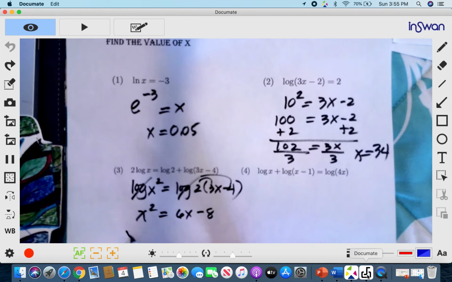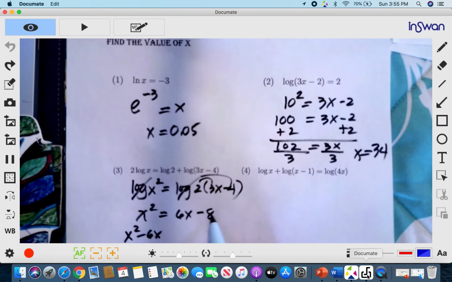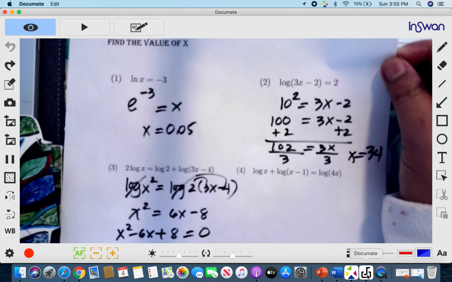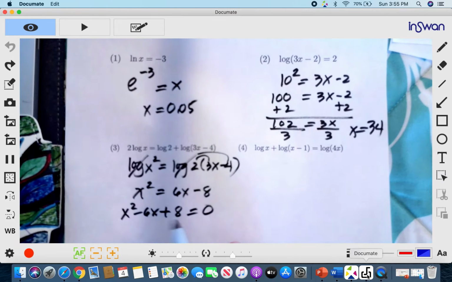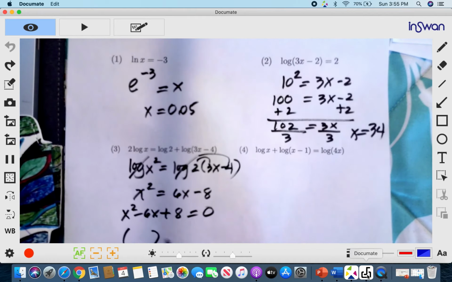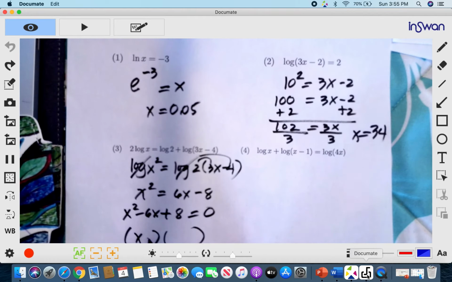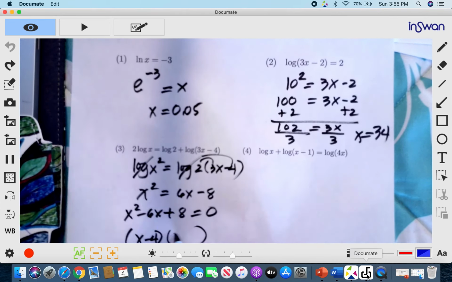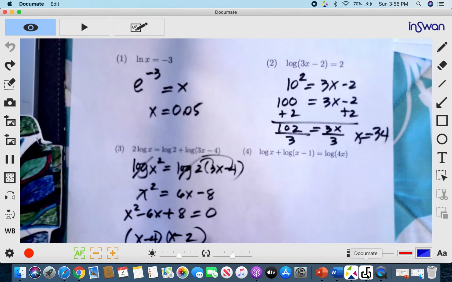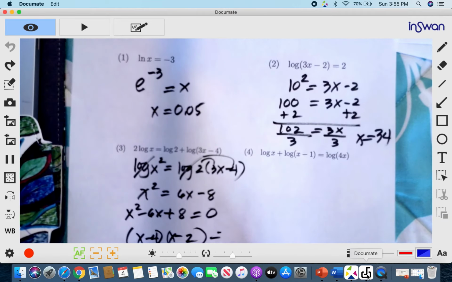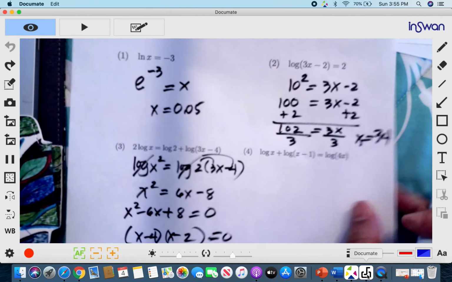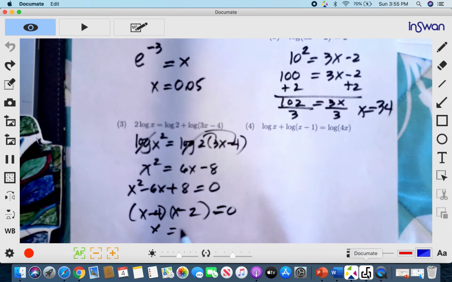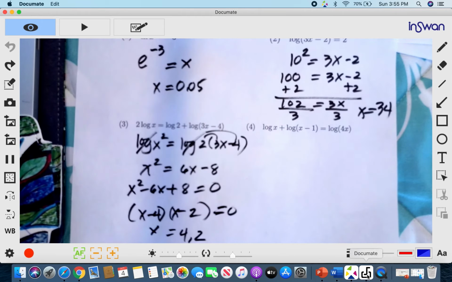So 6x becomes negative and 8 becomes positive. Okay, so we can now factor and solve for x. What are the factors of 8 which give a sum of -6? That's x minus 4 and x minus 2. And so therefore, our values of x will be equivalent to 4 and 2.